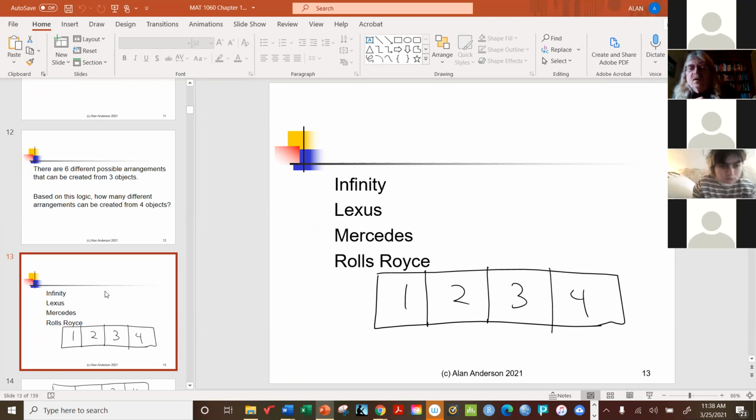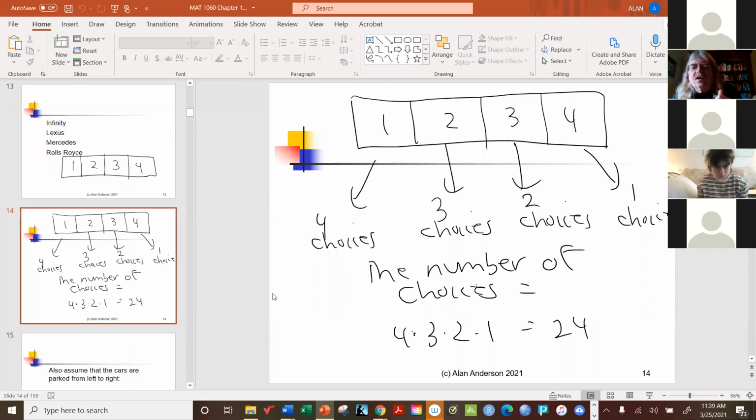Well, we don't want to write them all out because there's too many of them, but we can use the same logic we had earlier. There are 4 ways of parking the first car, 3 ways of parking the second car, 2 ways of parking the third car, and only 1 way of parking the fourth car. So the number of choices is 4 times 3 times 2 times 1, which is 24.